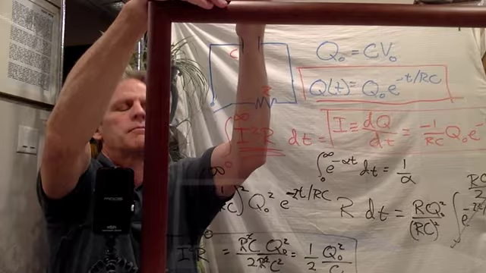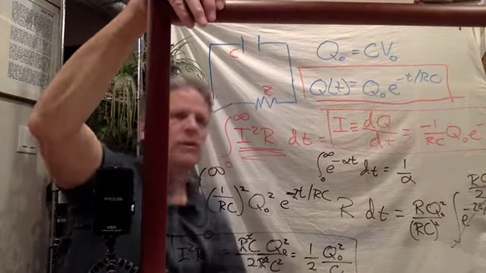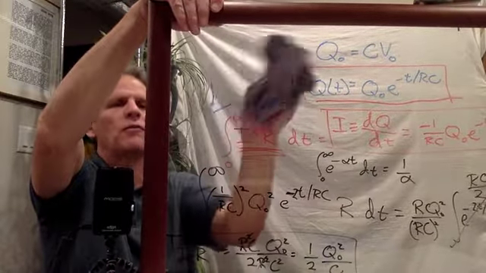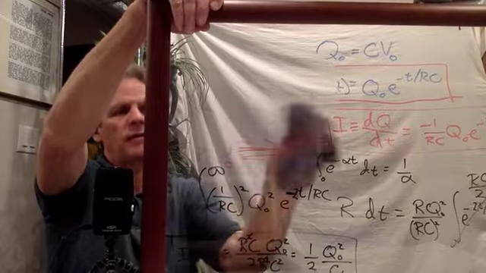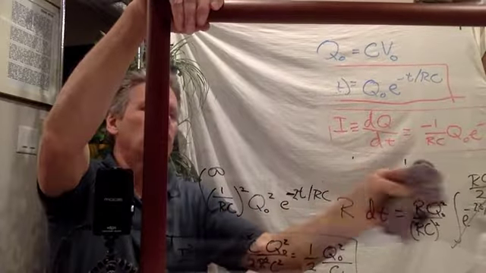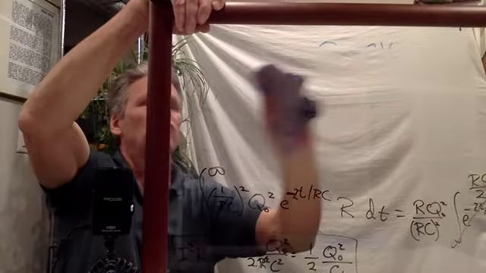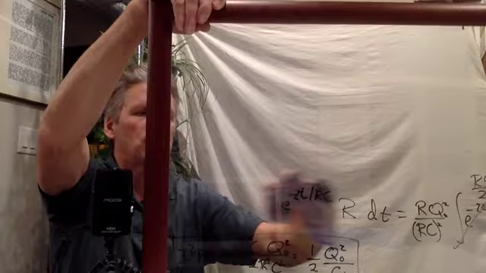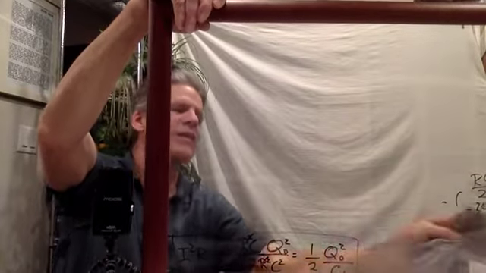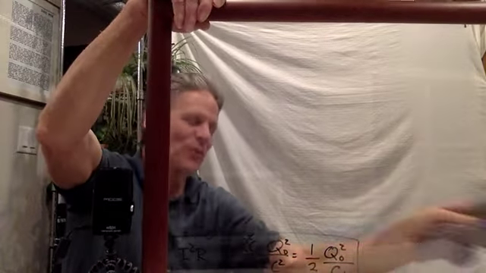Now, there's all sorts of different ways that you can do this. Some of you might already have recognized this. The next part of the question is, how does this compare to the change in the energy stored in the capacitor over this same time interval? Well, what was the initial energy stored in the capacitor?